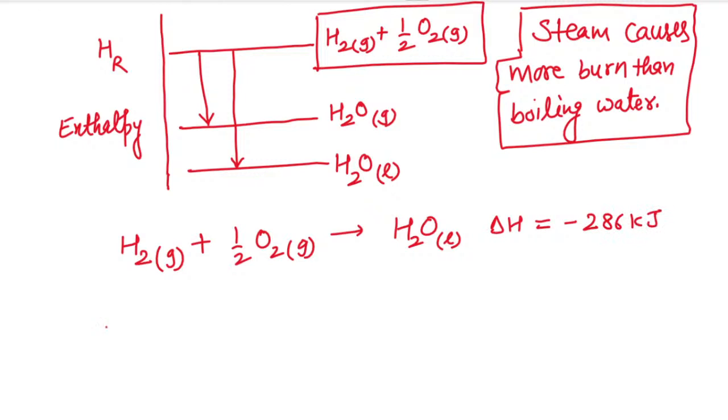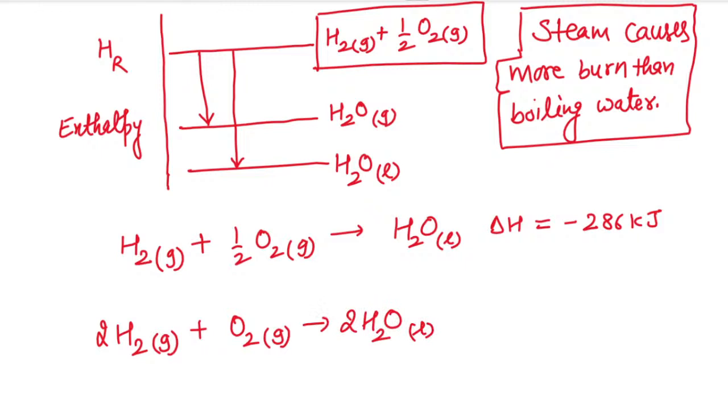So if we multiply it with 2, if the coefficient is multiplied by any number, with the same number we have to multiply the enthalpy. So coefficients are also very important. If coefficients are multiplied or divided, then the value of delta H is also treated in the same way.